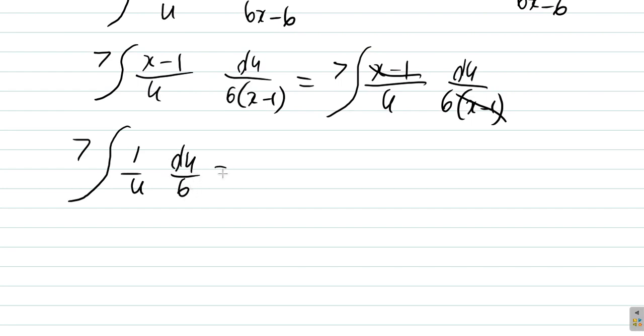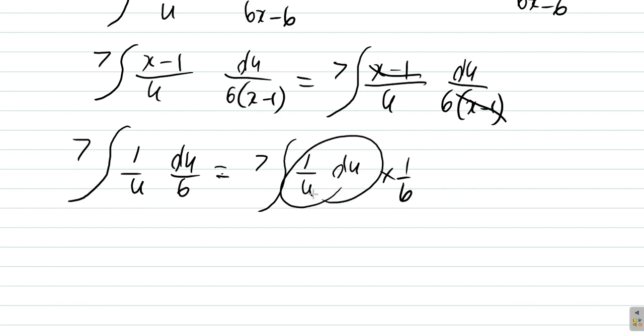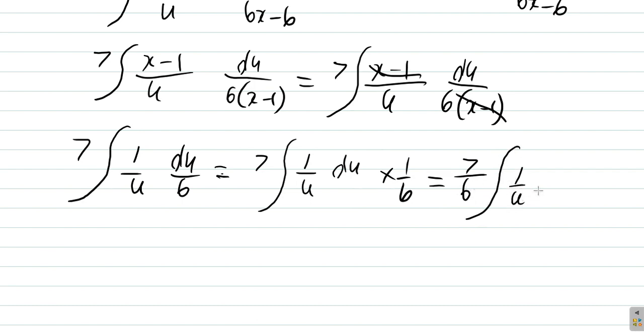But this is the same as 7 integral of 1 over u du times 1/6. If you have an integral of all of this, I multiply by 1/6. It's the same thing as saying 7 times 1/6, which gives you 7 over 6, integral of 1 over u du. See what happened there?